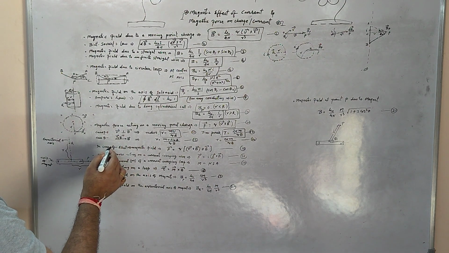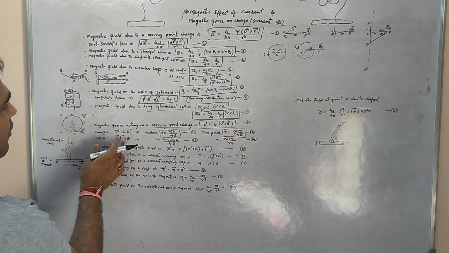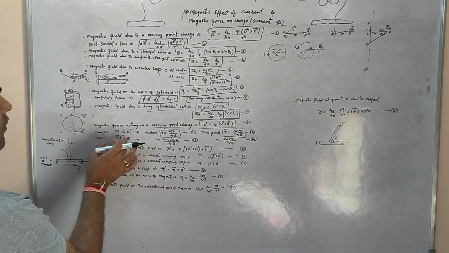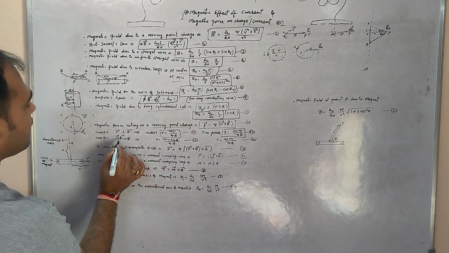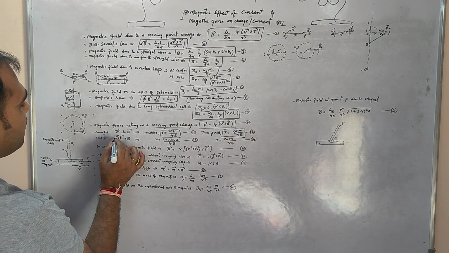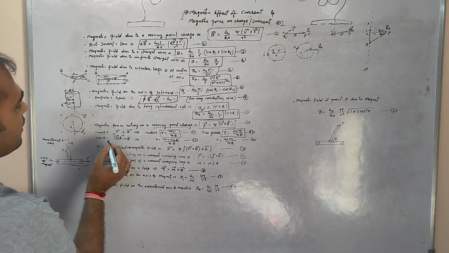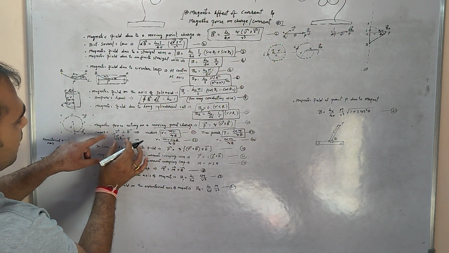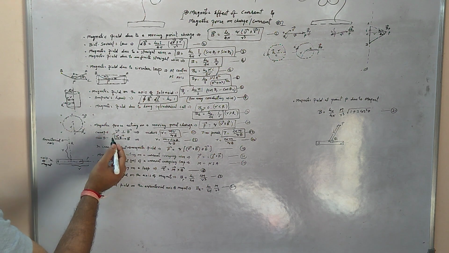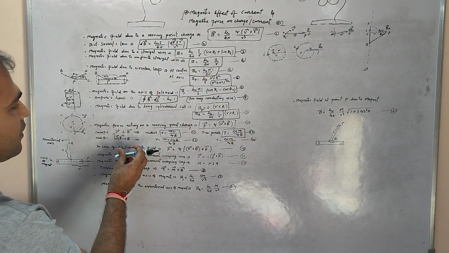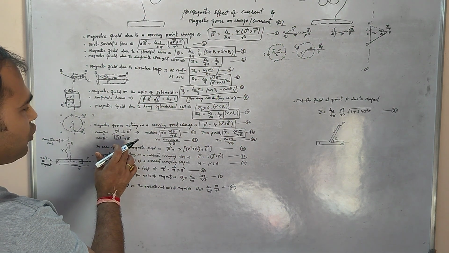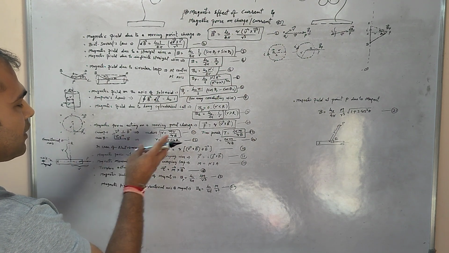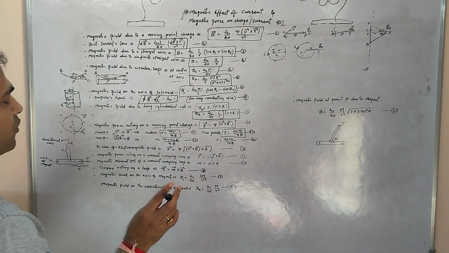Now case 2, here v is not perpendicular to B but making angle theta with the direction of the magnetic field. So what will happen? See, if this is the case, then the component of v along the B will be v cos theta, but v cos theta cross B, same direction, that will be 0.